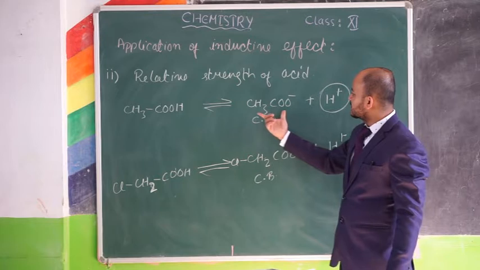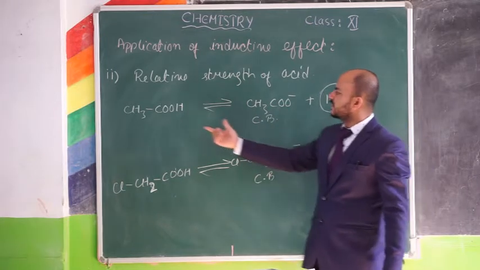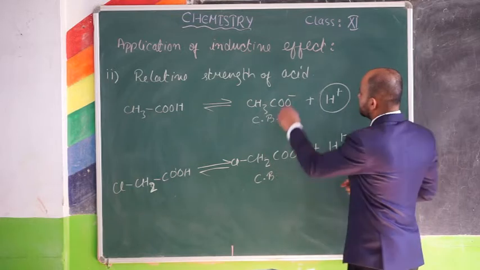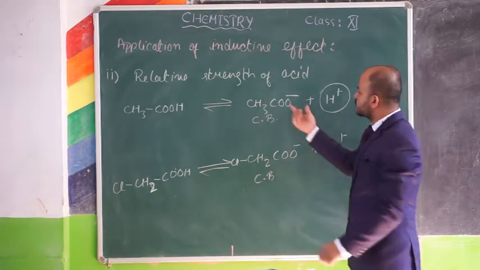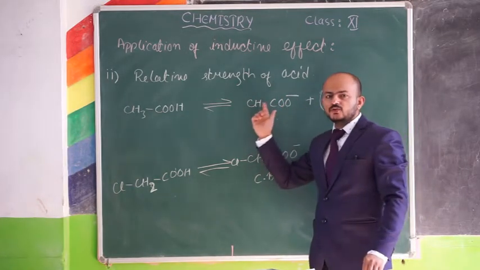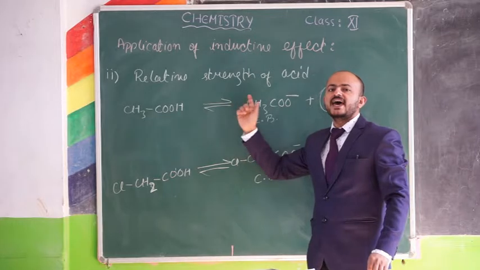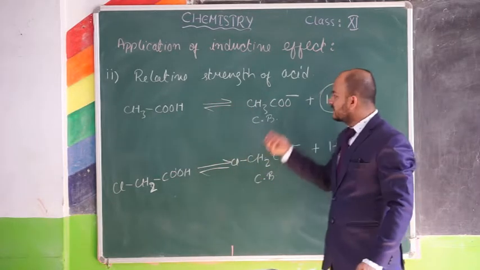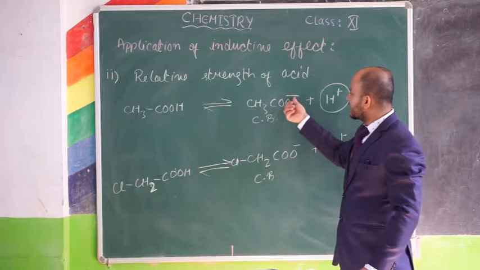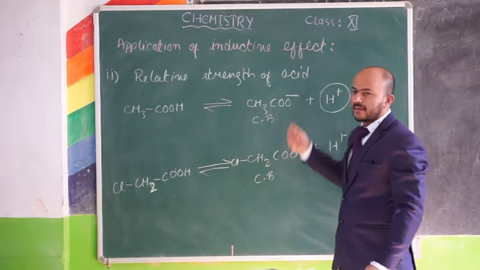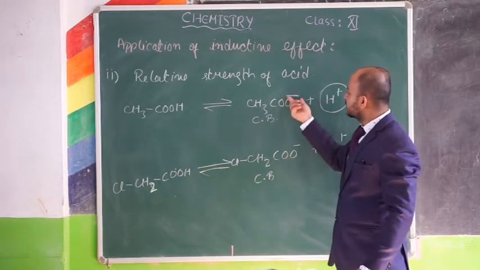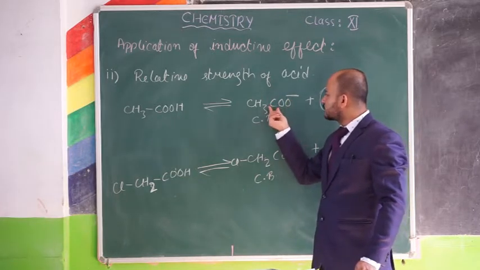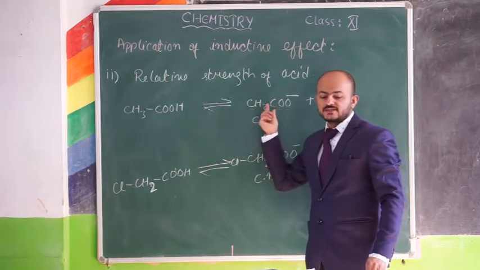Let's take the conjugate base of acetic acid first. In this, we have this negative charge. If this negative charge can be dispersed over more number of atoms, then it will be more stable. Here oxygen has the minus charge, and this minus charge influences even this carbon, so some amount of negative charge is also present over this carbon atom.